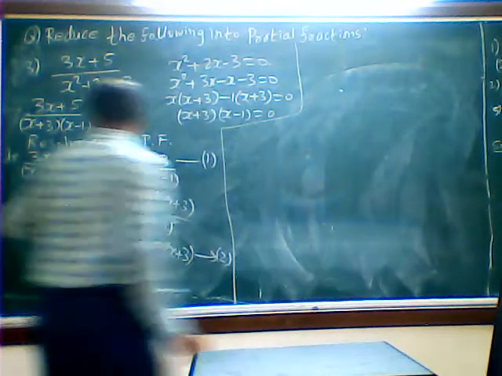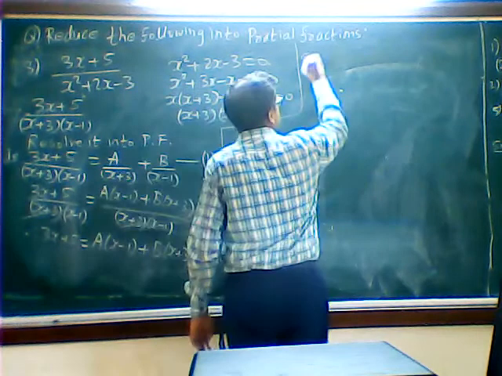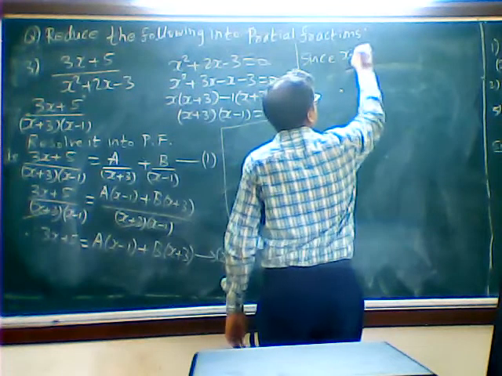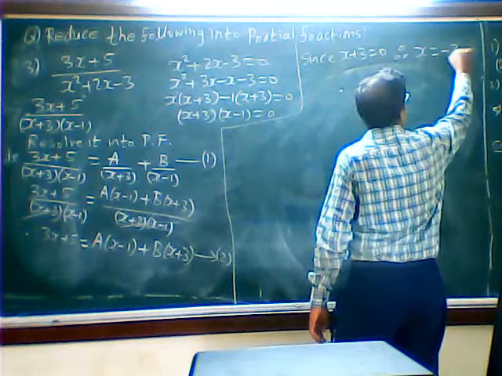Again I will come here, I will say here, since x plus 3 is equal to 0, therefore x is equal to minus 3.